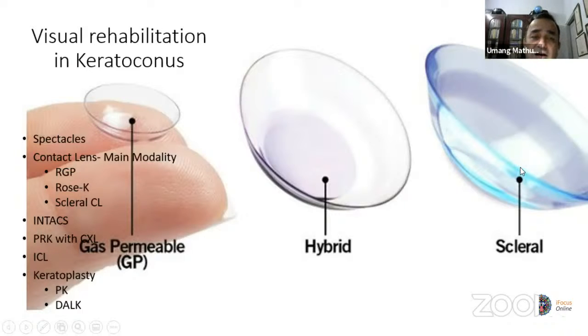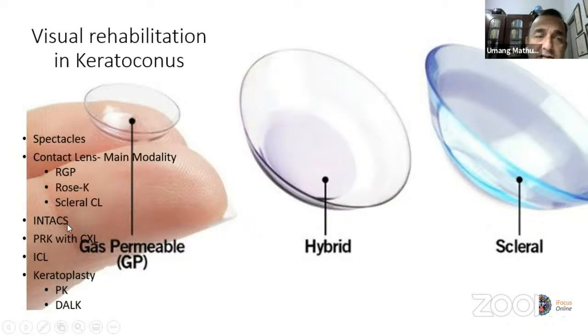Scleral contact lenses are large lenses that rest on the sclera, and they have a fluid reservoir that you fill and put on the eye. It's like a liquid bandage, very comfortable and gives very good vision. So keratoconus largely should be managed by contact lenses. It is not a surgical disease.